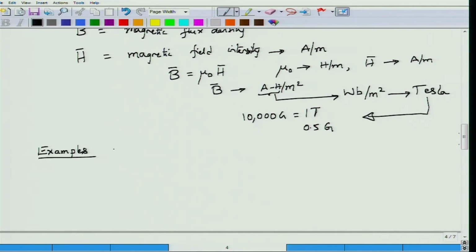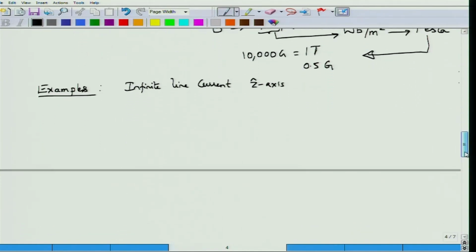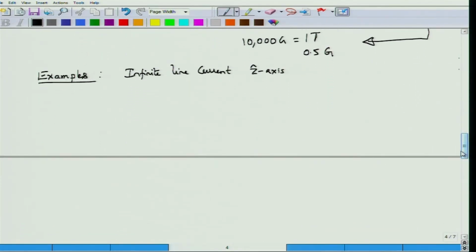This first example is that of an infinite line current placed along the z axis. So this was the line current that we discussed when introducing the magnetic field concept. We are going to find out what would be the magnetic field because of this infinite line current.